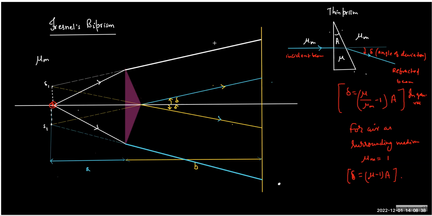You can see that this lateral ray will also bend. This is the deviation, the same value, and this will also bend.